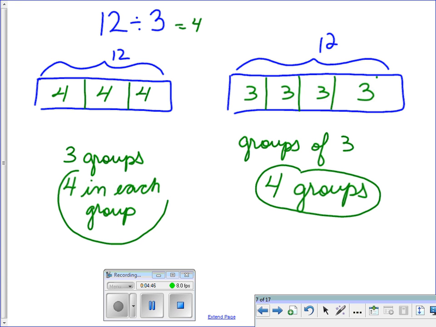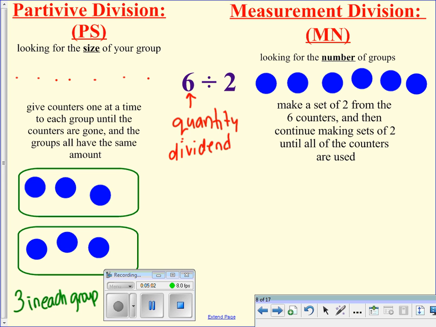So let's go back and look at this. Which one is partitive? Which one shows us how many are in each group? Very good. So now let's look at the other method. Measurement. Think of it as the letters of the alphabet, M and N. Measurement is we're looking for the number of groups.